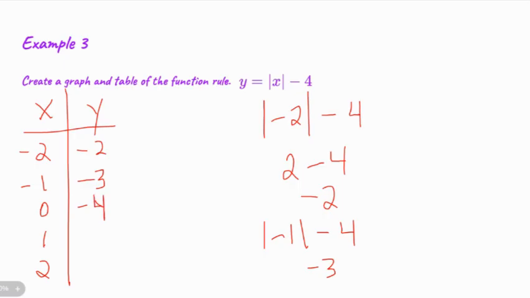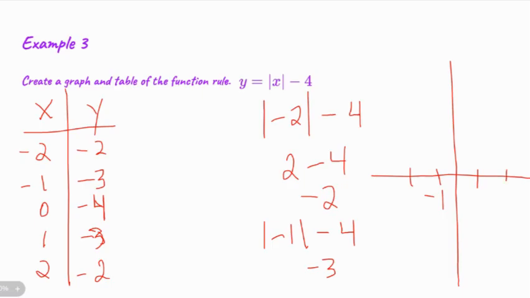And then when we plug in 1, we start to notice something. Absolute value of 1 is the same thing as absolute value of -1. So because the operations after that don't change, we get the same answer. And then we'll get the same answer for 2 that we did for -2.